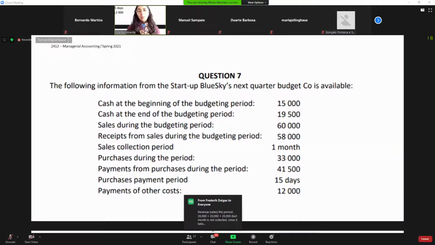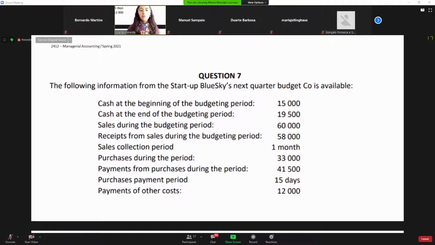And we have the company will pay to suppliers from purchases, okay? So this is payables in relation to purchases. Let's imagine it's direct materials. So we have their purchases during the period. We have payments from purchases during the period, and we have the purchases payment period, okay?